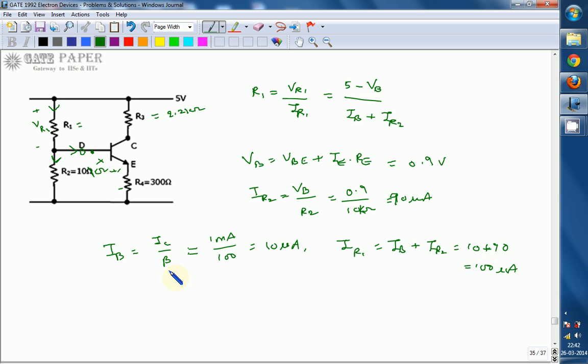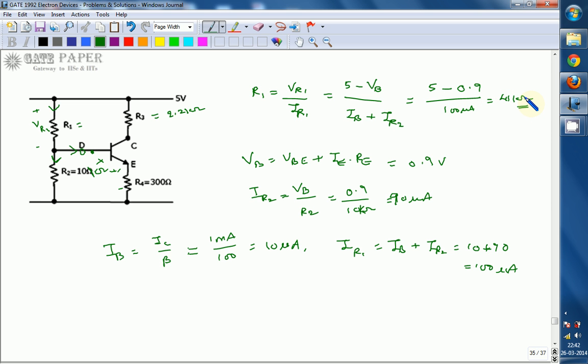Now R1 can be directly written as 5 minus VB, which we just calculated as 0.9, divided by IB plus IR2, that is 100 microamperes. So this is around 41 kilo ohms.